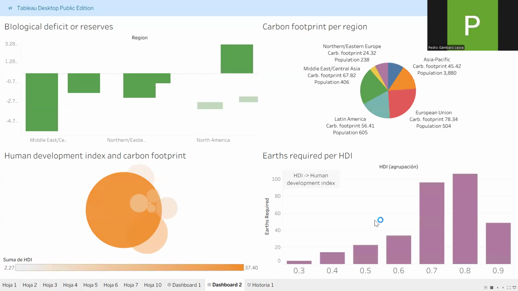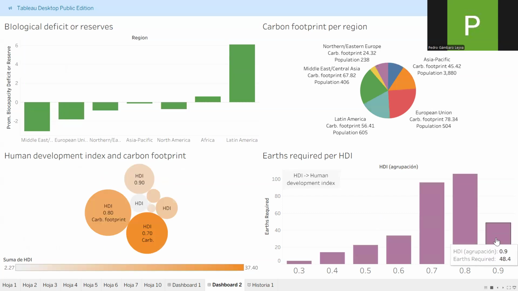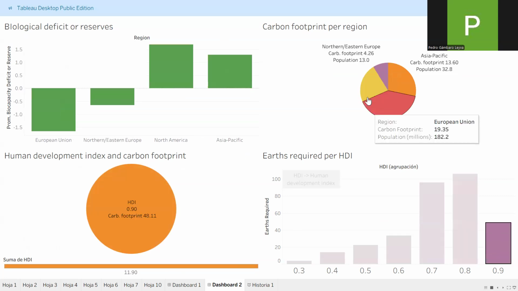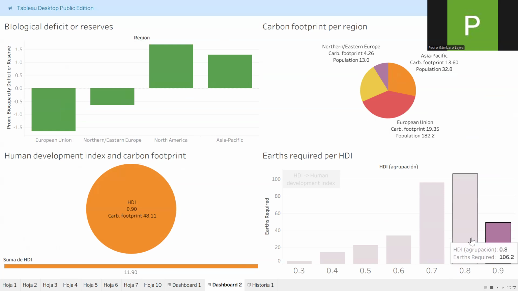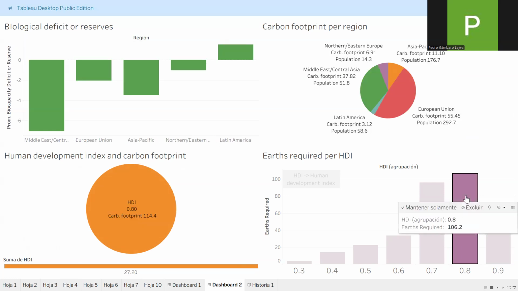But interestingly, there's also a category, which would be the 0.9 Human Development Index, which is also stated by the European Union, Asia Pacific, and North America, that generates a much lower carbon footprint. And we can say, well, maybe these countries require 48 Earths compared to the 106 Earths needed by some countries that are highly developed too.